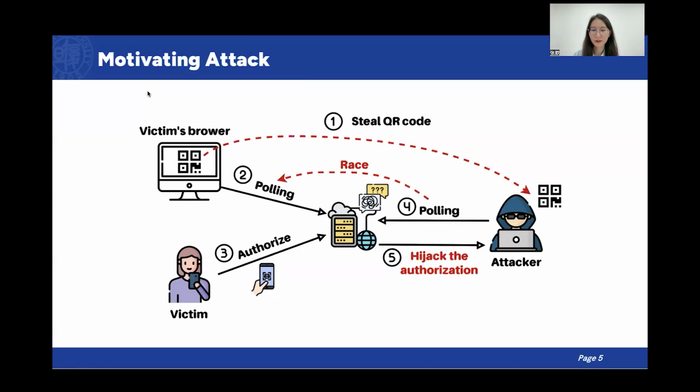The attacker now joins the same question and answer game and can ask faster. When the victim approves the login on their phone, both sides are polling, but the server gives access to whoever's faster. So, with a quick burst of requests, the attacker wins, hijacking the authorization and walking into the victim's account.